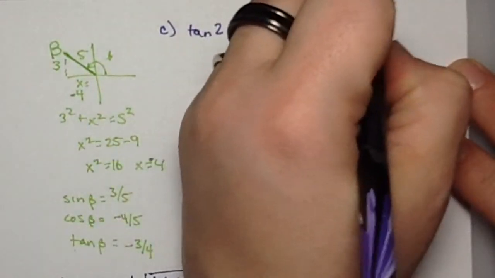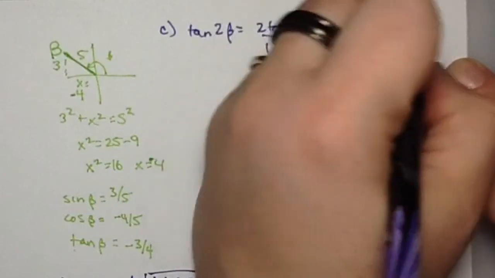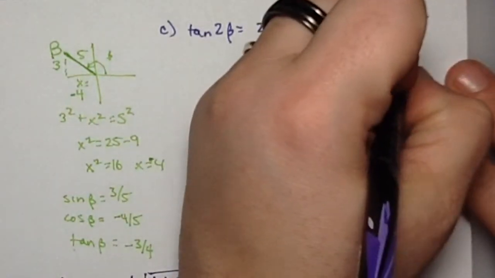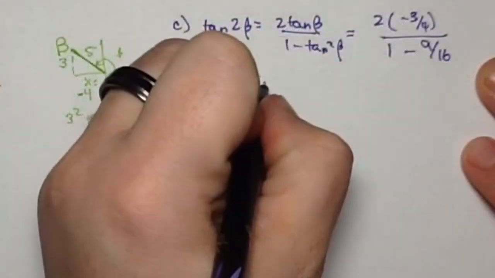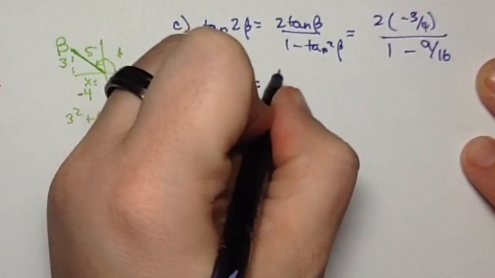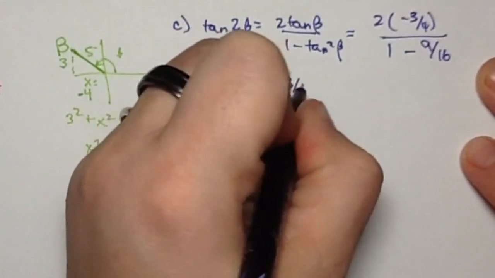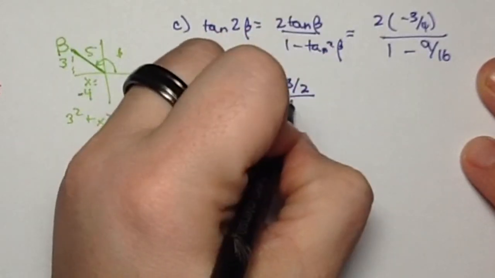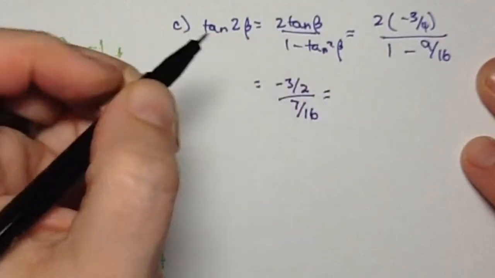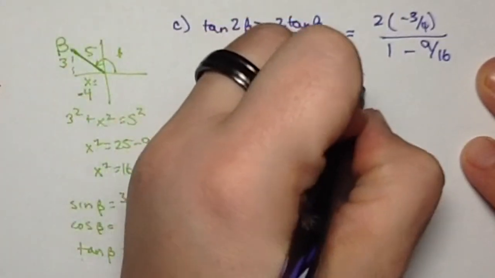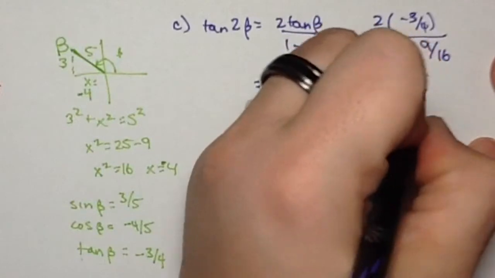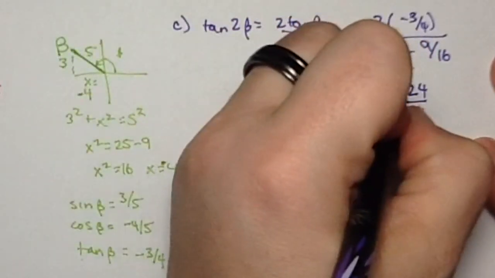So this is 2 times negative 3/4 over 1 minus 3 squared is 9, 4 squared is 16, 9 over 16. That gives us negative 3 over 2 divided by 16 minus 9 is 7 over 16. So that's negative 48 over 14, which is 24 over 7, and it's negative.